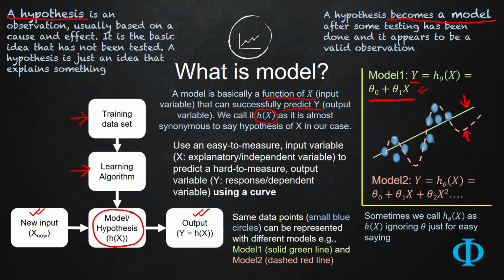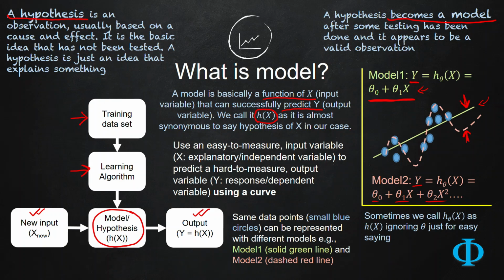Whereas the dashed pink line is a complicated line, and it may take the form y = theta 0 + theta 1 x + theta 2 x squared plus several other terms, let's say theta 3 x cubed or something else. So it can take some complicated form. Whatever the model is, we can plot it like this, maybe in two-dimensional space, maybe in three-dimensional space, or in higher dimensional space also.